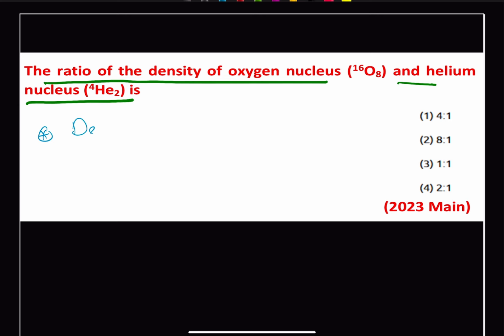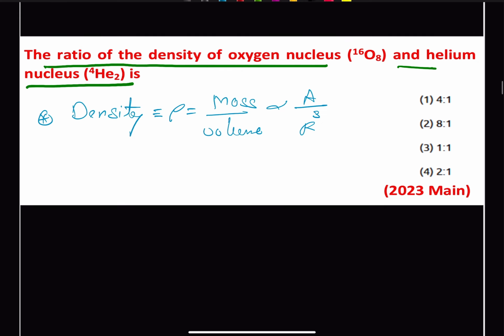We know that our density, suppose that is rho, is equal to mass over volume, or we can say it is proportional to A over R cube, where A is the mass number and R is the radius of the nucleus.